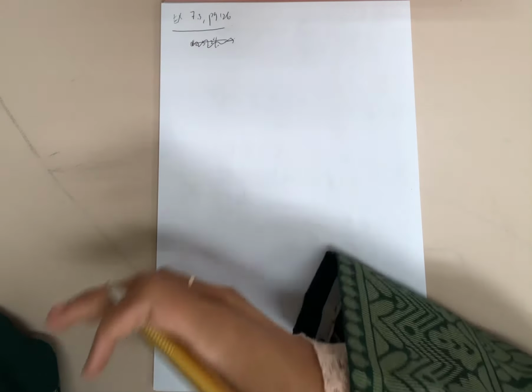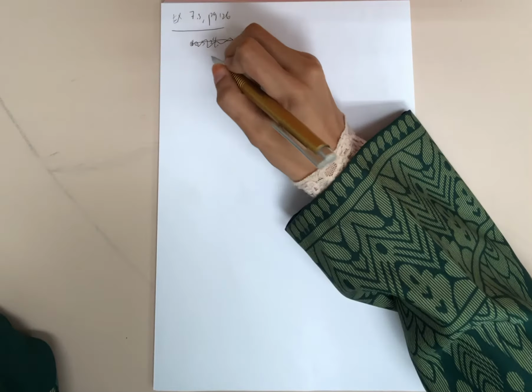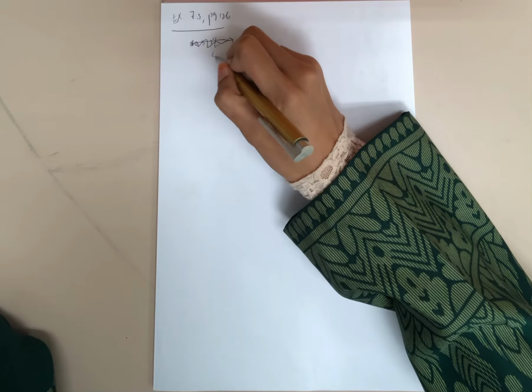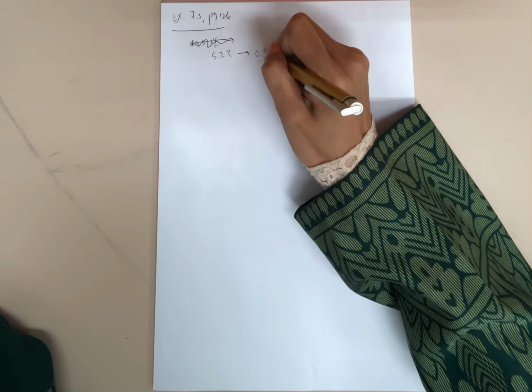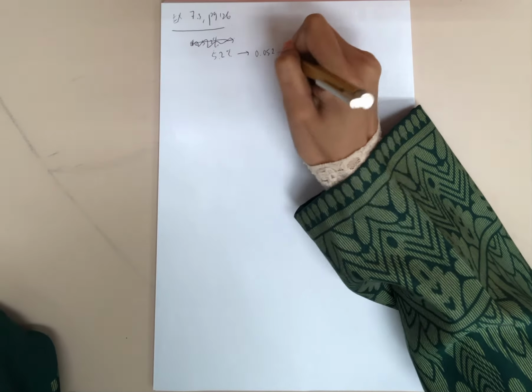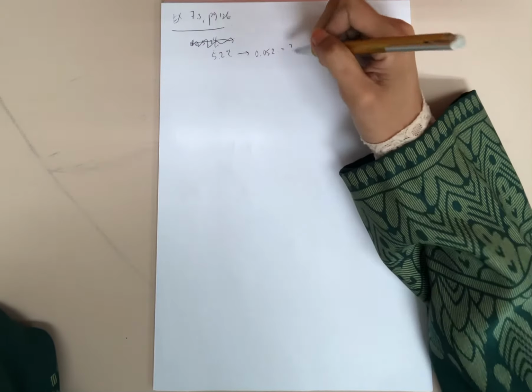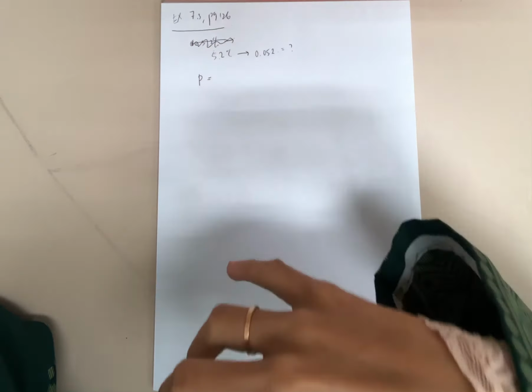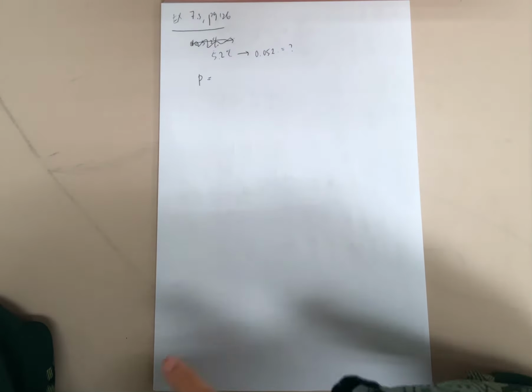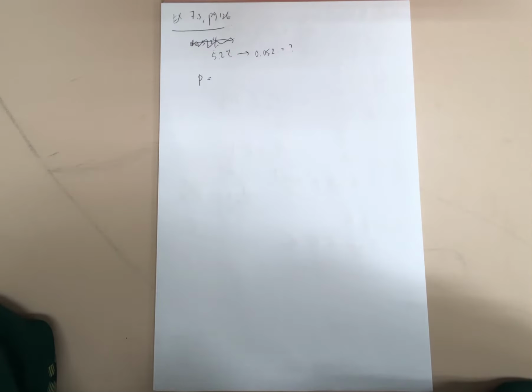Okay, so as I keep repeating, what you should do first is extract all the information that we have in the question. So here 5.2%, class, you need to convert it to decimal, so it becomes 0.052. And what is this? This is actually your P, proportion, because it's not regarding average. This one is not mean, this one is proportion.